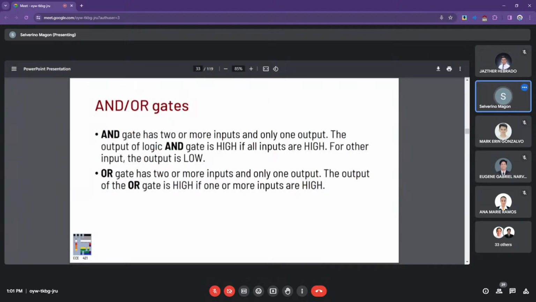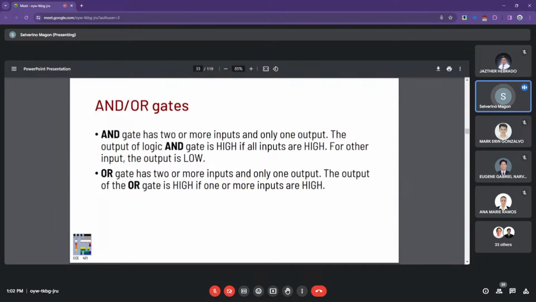And later we see that rectifier diodes can be utilized in the design of Boolean logic gates to perform Boolean operations.